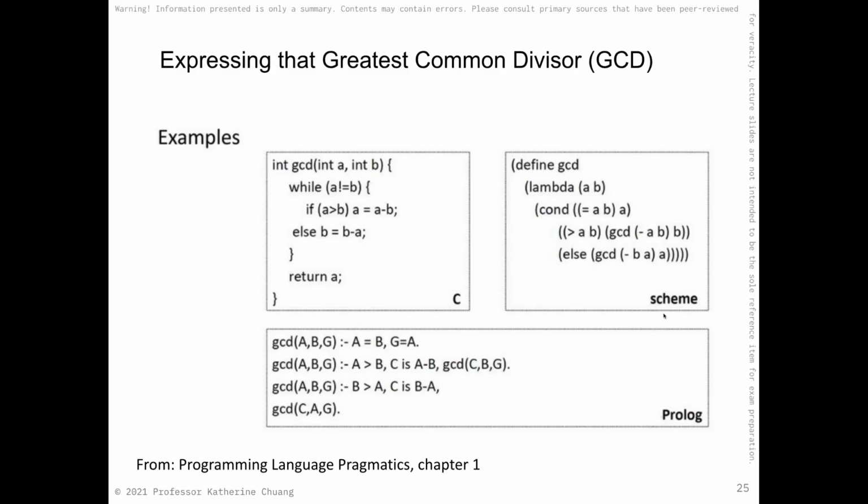Here are some examples from different languages, and this is coming from the textbook Programming Language Pragmatics, Chapter 1. It's one of the images from the book, so if you flip through that, there's a PDF in the Programming Language book folder.